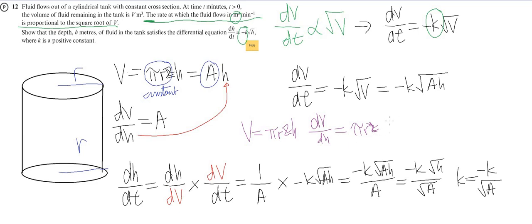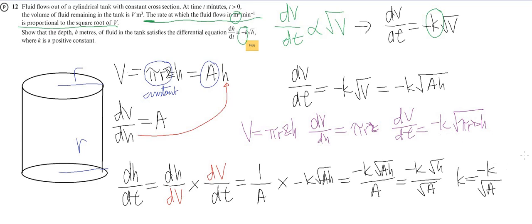And if I put pi r squared H into my volume, I get dV by dt is equal to minus k times the square root of pi r squared H. Now remember that my dV by dH, I'm going to flip that upside down, so that's going to be 1 over pi r squared.